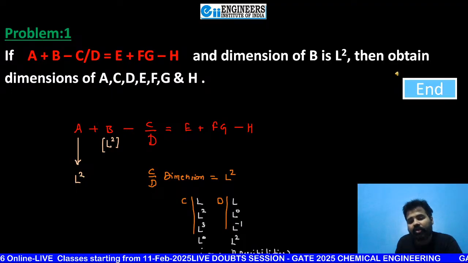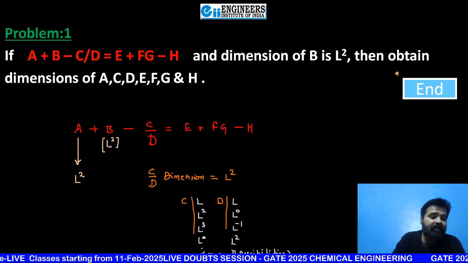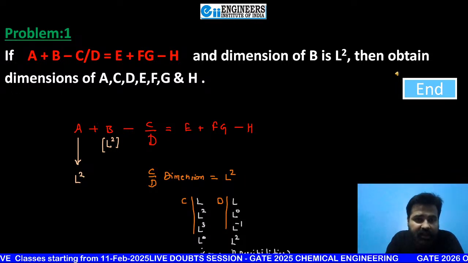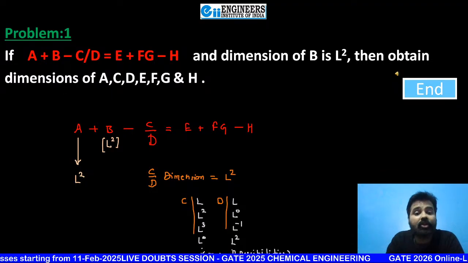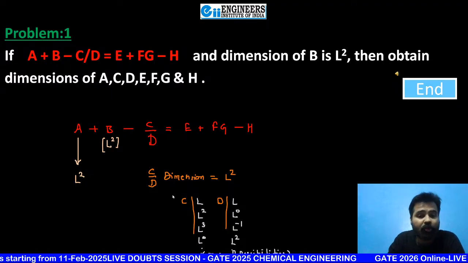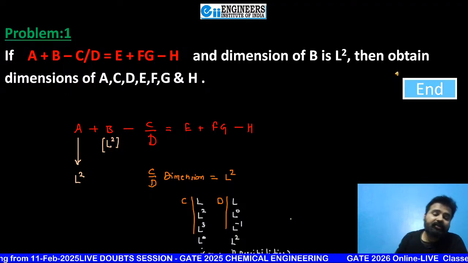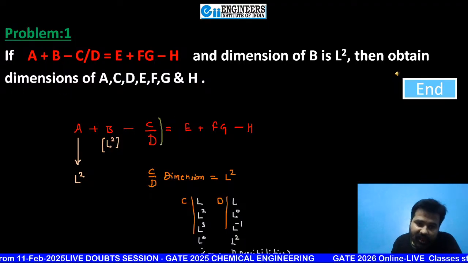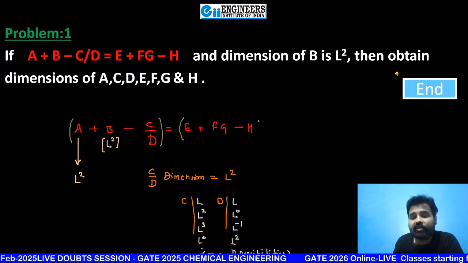Because no extra information is present along with this question. If they had given the dimension of C, then we would be able to find the separate dimension of D. Till now, I hope everyone is crystal clear, beta. Now, the next point is that the LHS dimension should be equal to the RHS dimension.